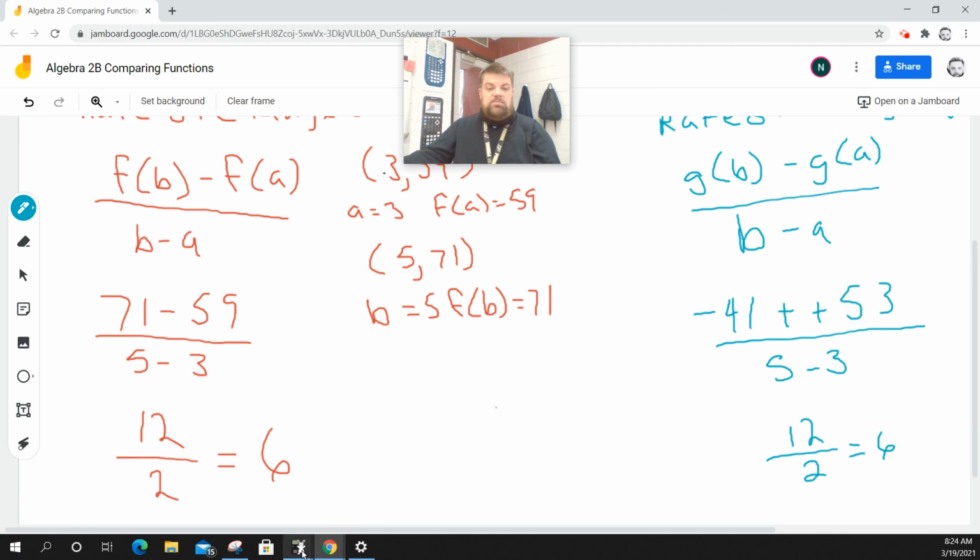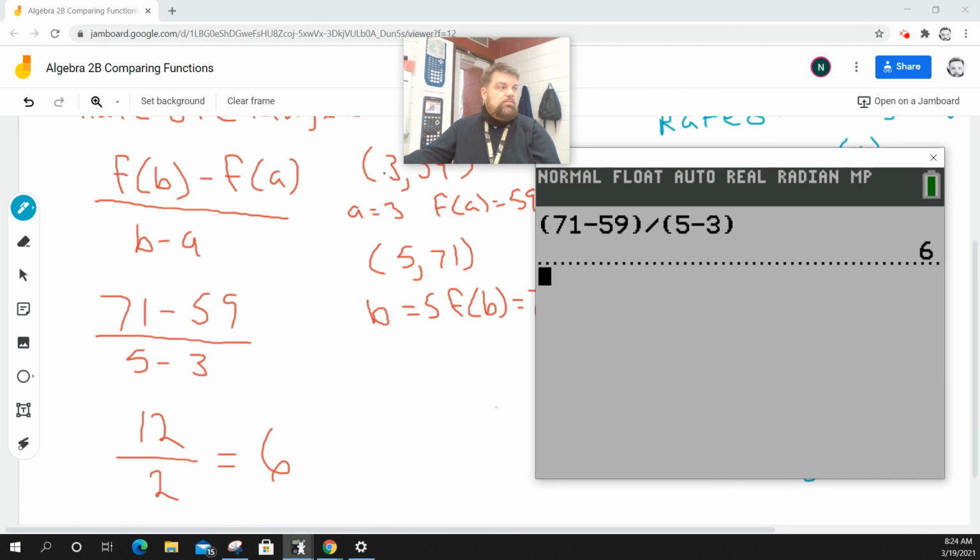Let's double check that. So now I'm going to say negative, oops, it's got to be a negative, negative 41 minus negative 51, close parentheses, open parentheses, 5 minus 3.